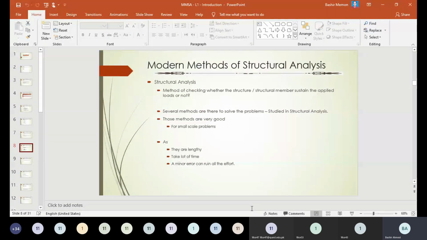A simple example of such a thing is during the rainy season. Normally we have observed water gets accumulated on the rooftop. If you do not remove this water, it will remain accumulated, increasing the load on the structure.